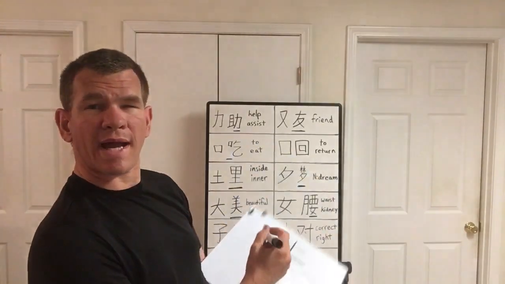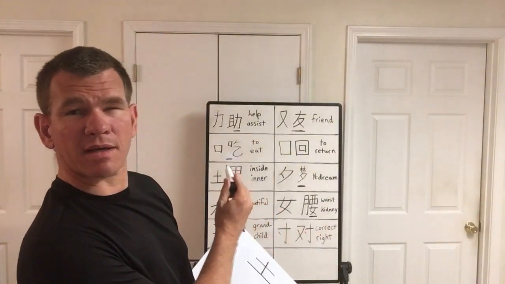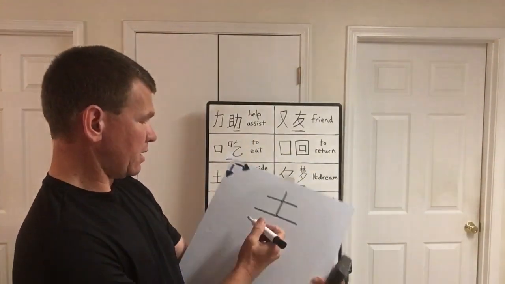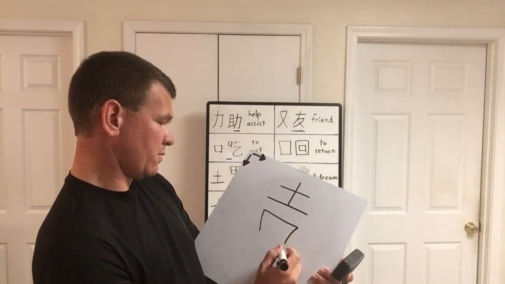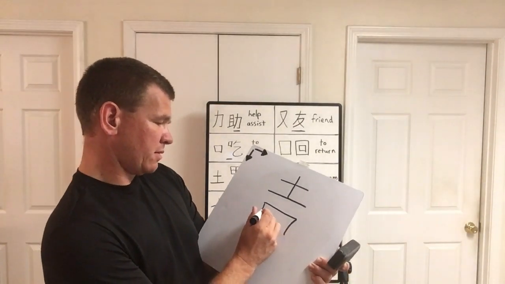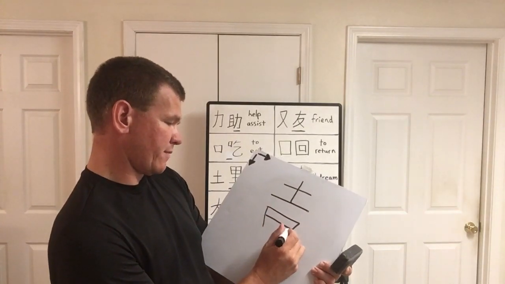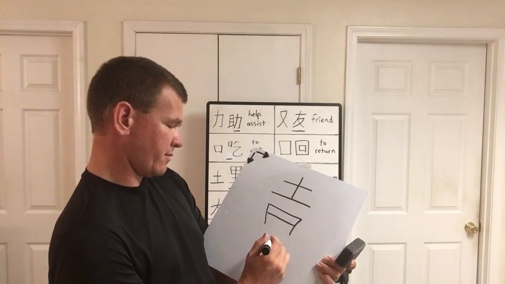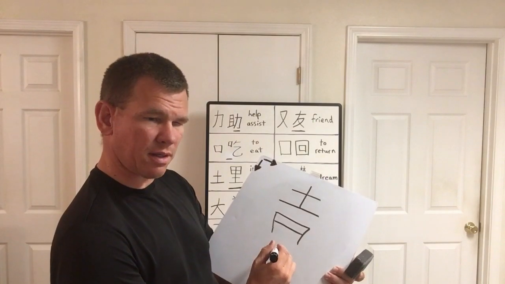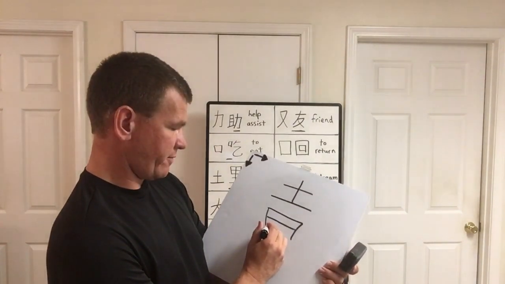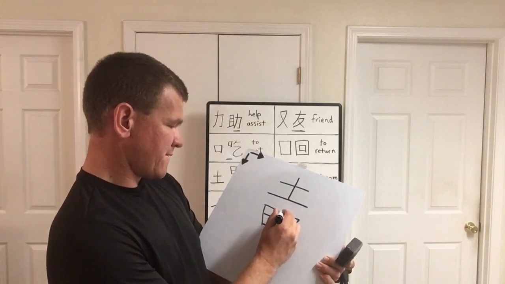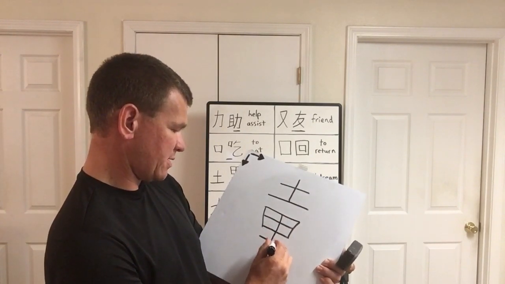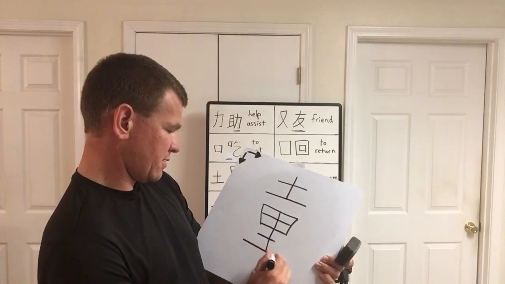And what we have here on the top of that character is a field. So we'll start with the field. 1, 2, 3. Just trying to think how that goes. 4, 5, 6, 7.